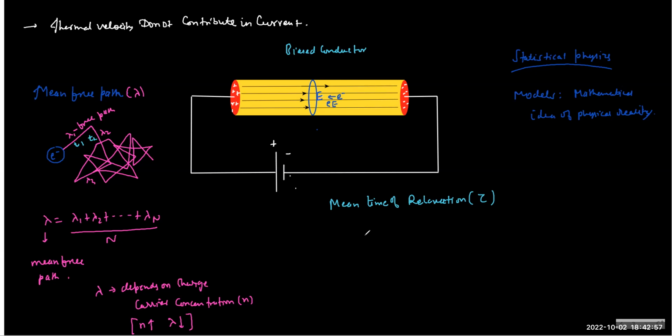This is called the free time, like the time for which you travel. Now free time depends on how fast you are moving. Imagine you are moving really fast. The t1, t2 will be really small. And we know that when we say fast, which velocity do we talk about here? Thermal or drift?